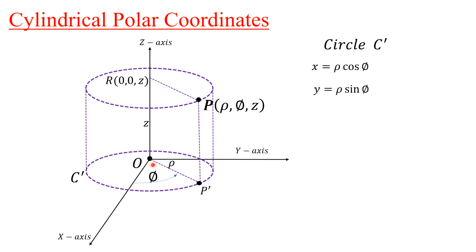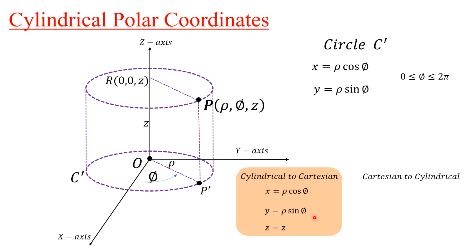Here the radius is rho and the angle is phi, which varies from 0 to 2 pi. So the relation is x equal to rho cos phi, y equal to rho sin phi, and the third coordinate is z equal to z. This is how we can get Cartesian coordinates from cylindrical coordinates.